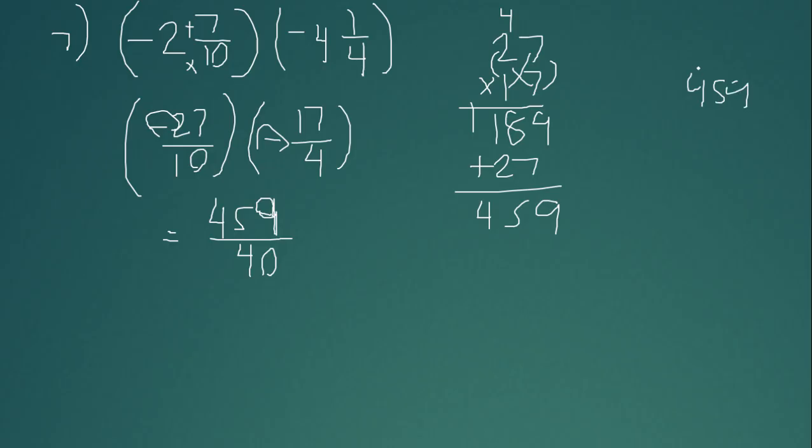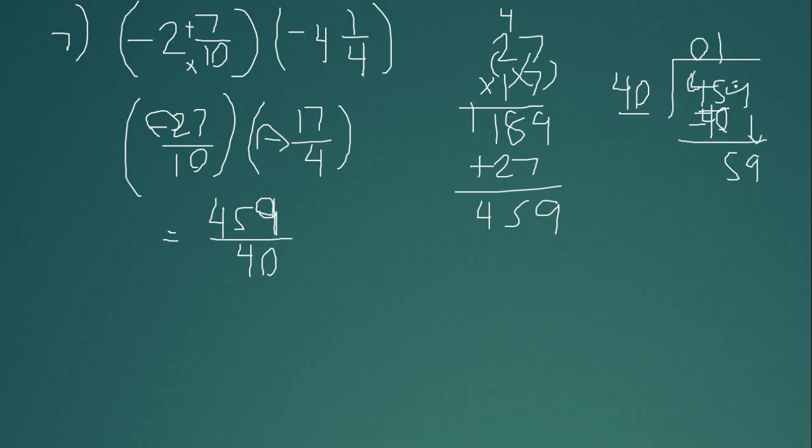459 divided by 40. How many 4 is a 4? 0. How many 4 is a 45? 1. So become 40 minus 45, bring down 9.